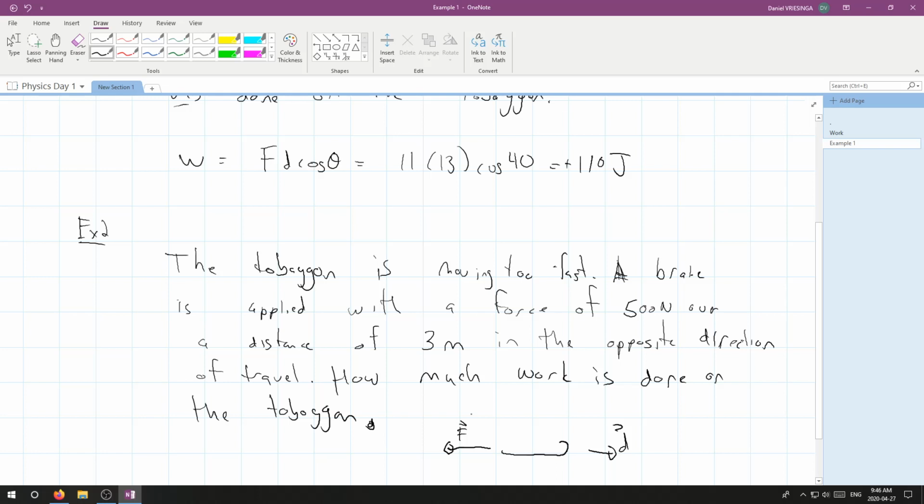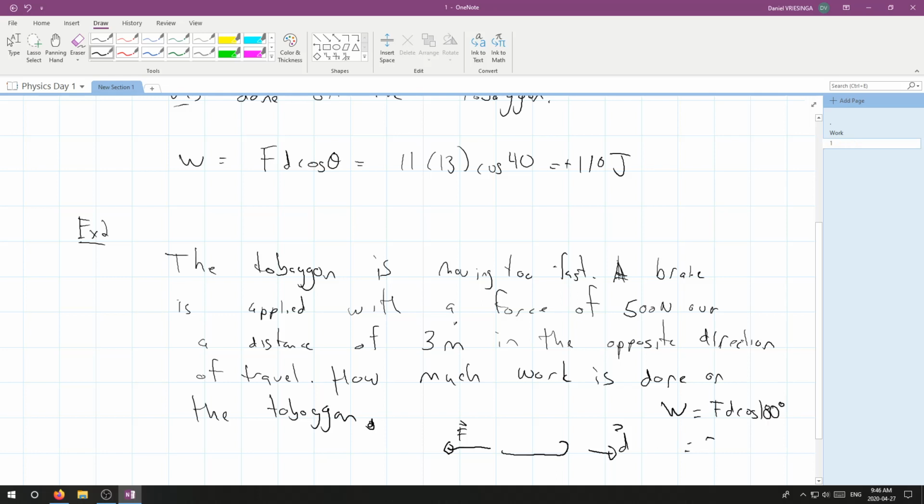If I want to find the work in this case, I use a cosine of 180 degrees because they're 180 degrees apart from one another in direction. So I'll do F times D times cos of 180 degrees.